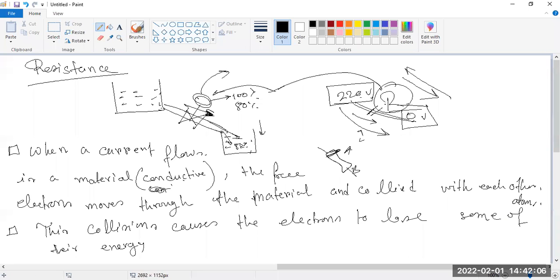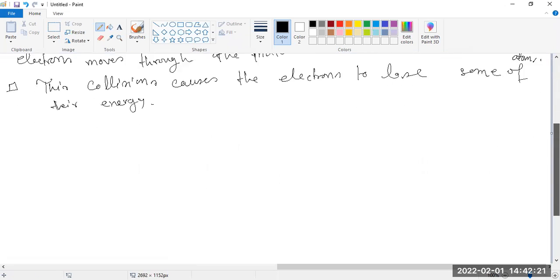So where will the energy go? This energy will go to nature as heat. And this collision restricts the movement of electrons.